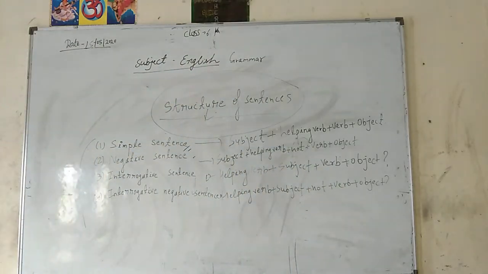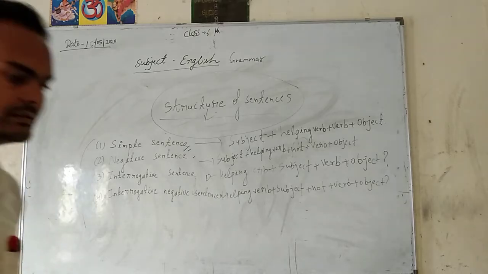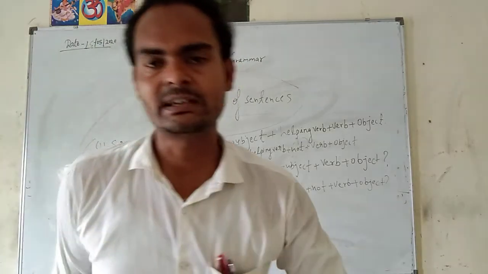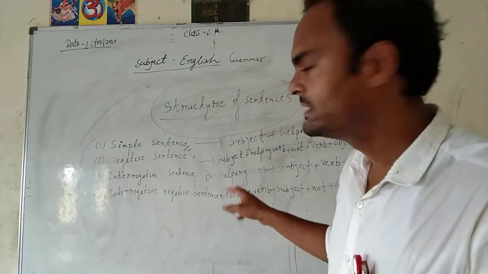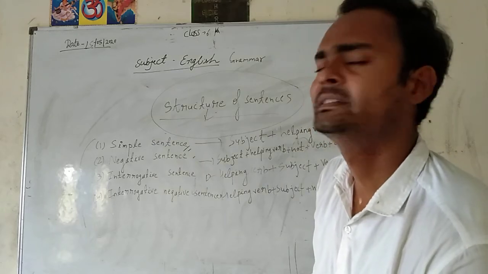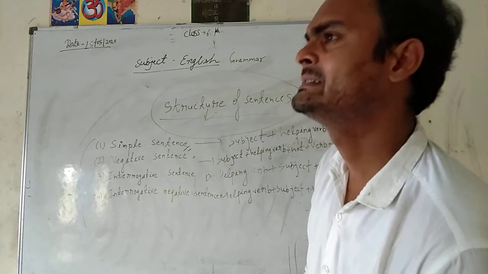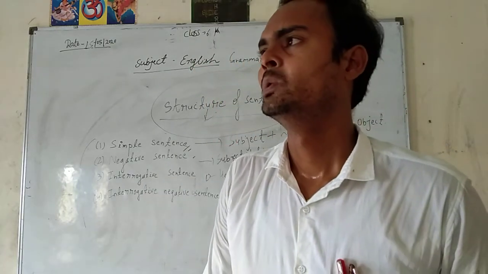So students, as we know that you are just starting in grammar, I have to elaborate all the words. Subject, as you know, in the sentence, what the sentence tells about is the subject. Who is there?